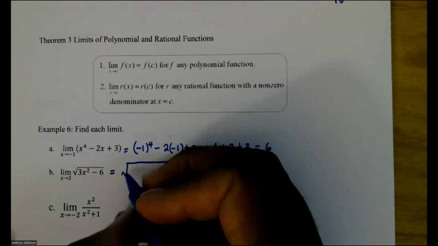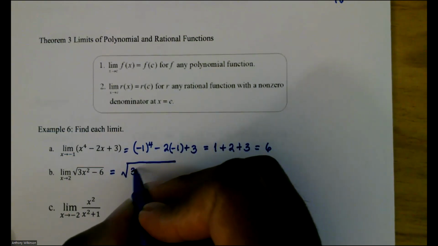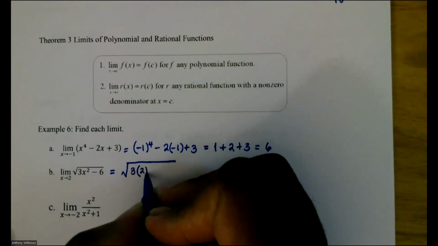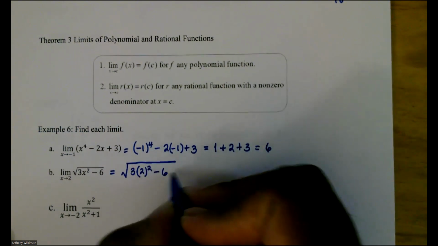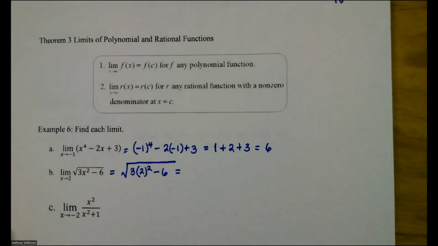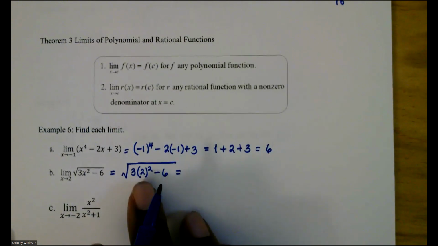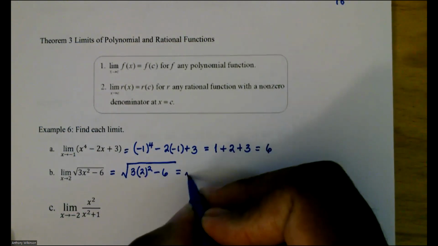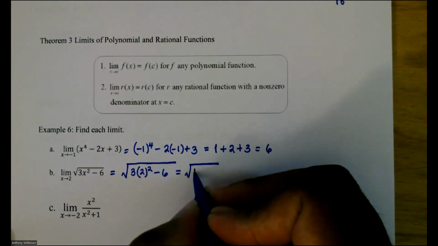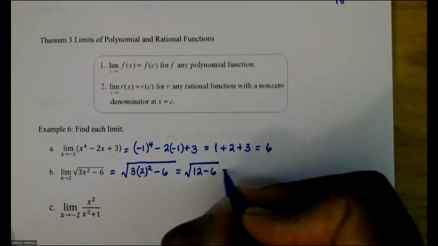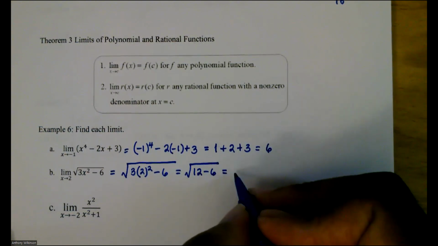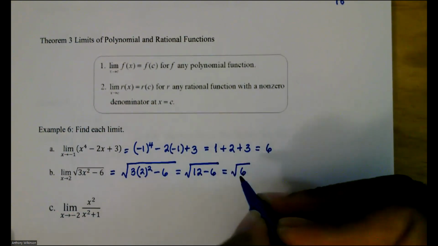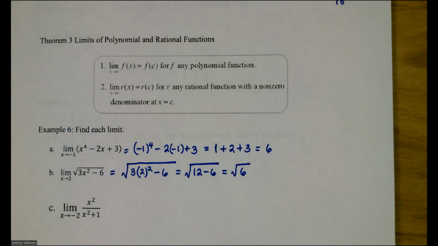So it'd be the square root of 3 times 2 squared minus 6. If we square the 2, you're going to get 4. 4 times the 3 in front would be 12. So I have the square root of 12 minus 6. And 12 minus 6 will be just 6. And I'll have the square root of 6.